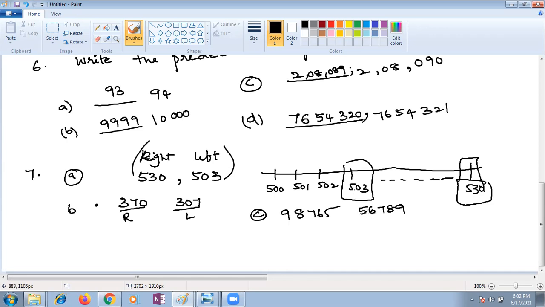Yes, Harsha, can you please read the question and identify which is left and which is right? I'm writing the C bit on the screen. Ma'am, 56,789 is on the left. Very good. 98,765 is on the right.